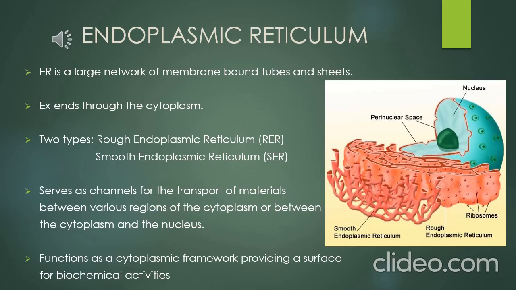Then the smooth endoplasmic reticulum helps in the manufacture of fat molecules or lipids, which are important for cell function. So these are the functions of the two types of endoplasmic reticulum. Some of these proteins and lipids help in building the cell membrane. This process is known as membrane biogenesis.